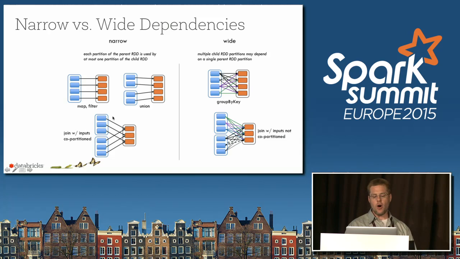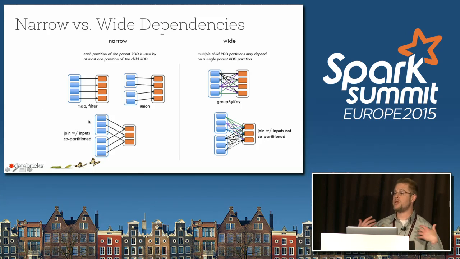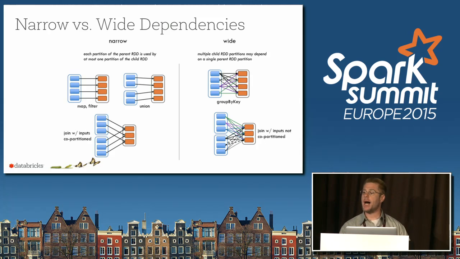Some joins can also be narrow transformations. So if we think we're doing a join, typically we think that we probably need to move a lot of data across or back and forth. And in many, many cases that's true. But there are some cases where it's not, and being aware of that will help us optimize our jobs. So if our input RDDs here, the blue ones, are co-partitioned, right, if they're partitioned the same way, then we could do a join that's actually narrow, because we know that the data from this partition here will only have to go to one child partition, right?